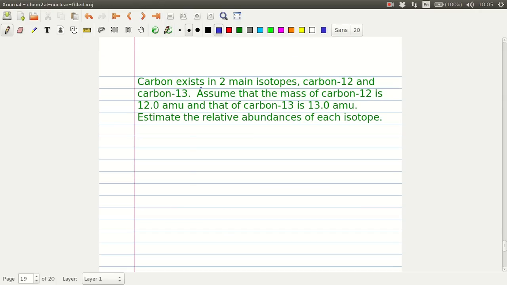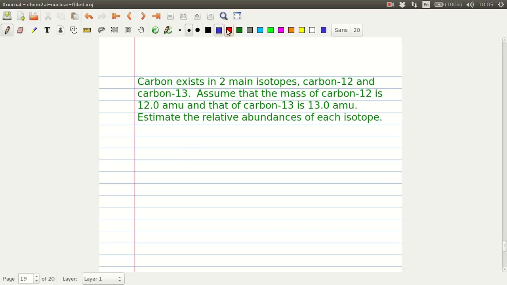Now, let's do this problem in a slightly different way. Let's try to calculate the abundance. If we know that something exists in two isotopes, we can actually get its abundance. I'm going to round atomic masses to the tenth place again. For carbon, we're going to say it exists in two isotopes, because carbon-14 has a very, very low natural abundance, close to 0. So how do we calculate the abundance of each isotope?